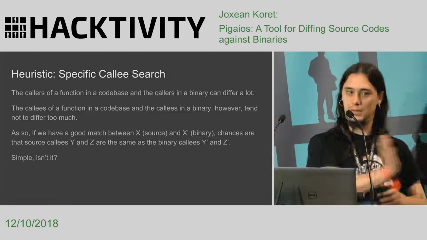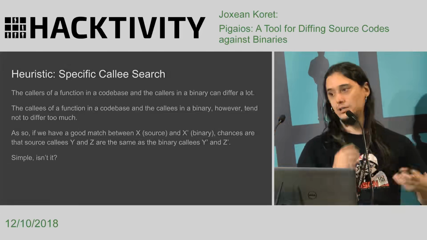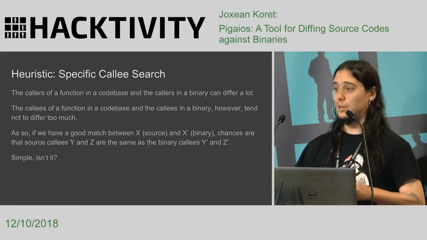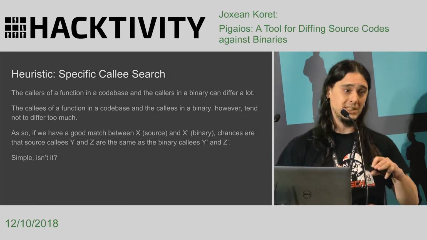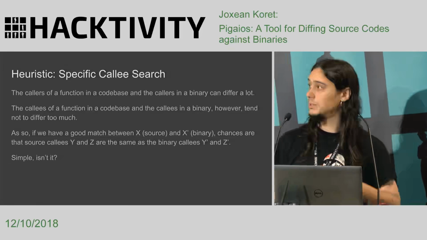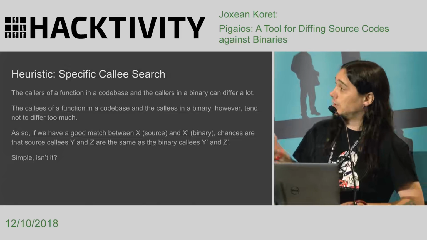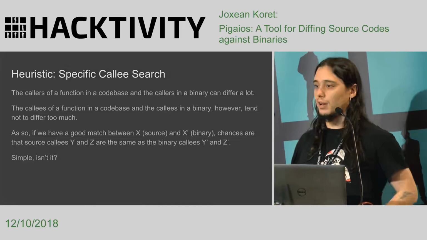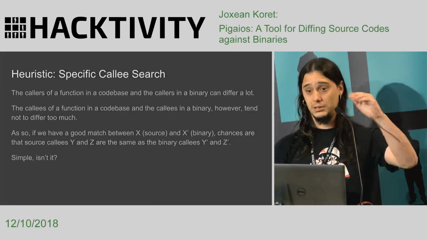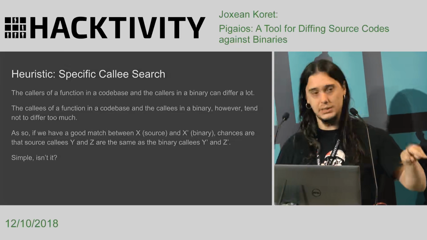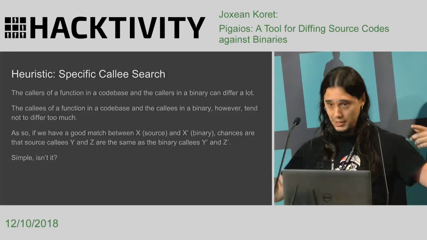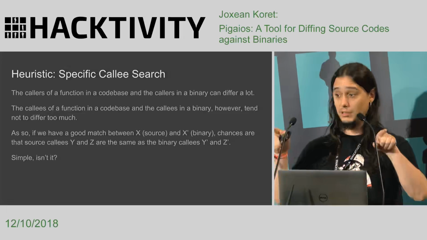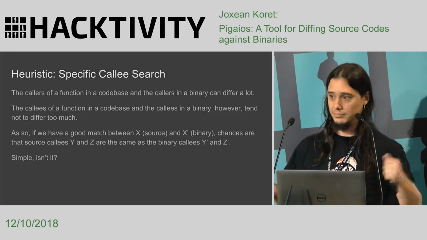So we cannot use the number of the colors, but we can use the collies because the collies is always going to be the same, or mostly, not always. So when I have a good match between the Pantheon X and X prime in the binary, I can check the colors of the collies of these both Pantheons because I know that it is already a good match. So the collies should be the same.